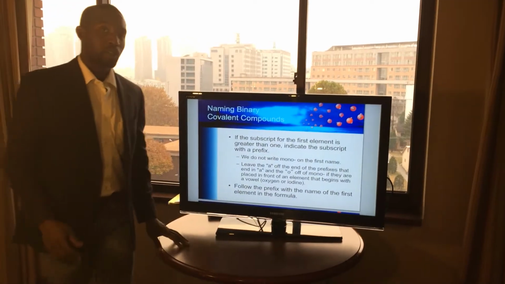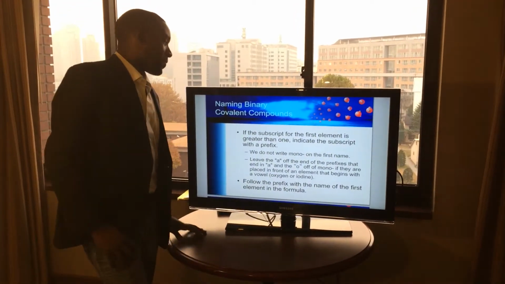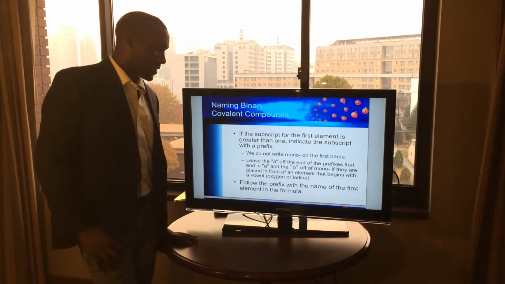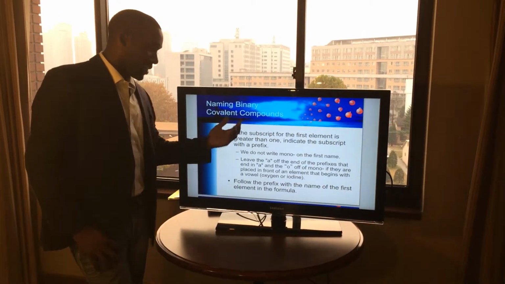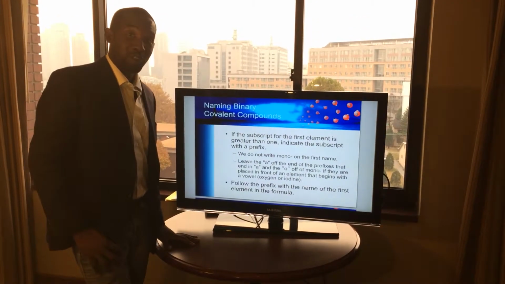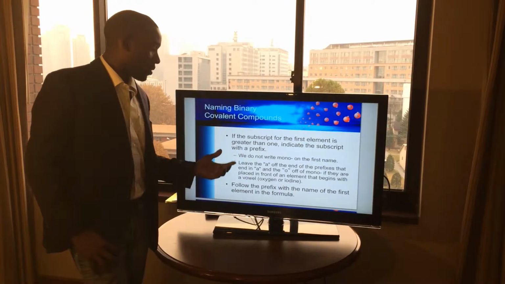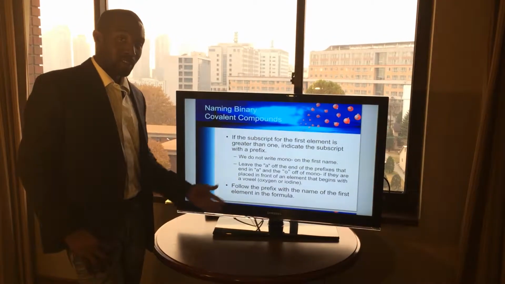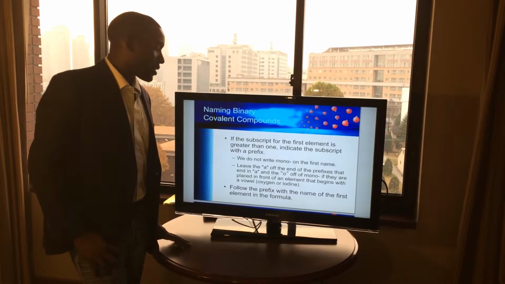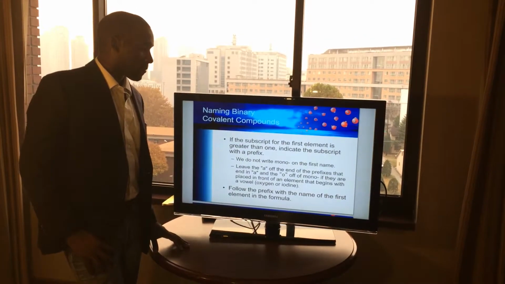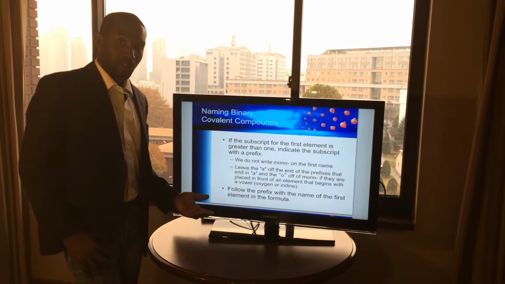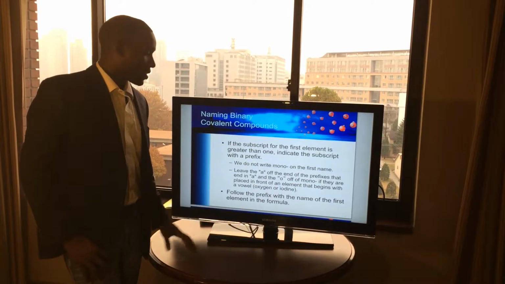So these are the rules for naming binary covalent compounds. It's pretty straightforward. I wouldn't be labored to read everything on the slide. I think it's sufficient to say you need to know the name of each of the elements.